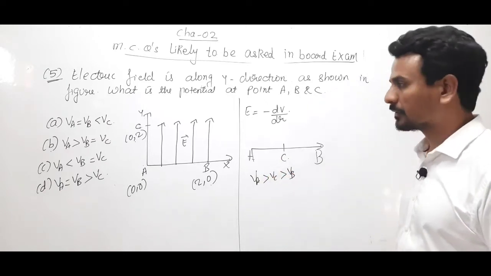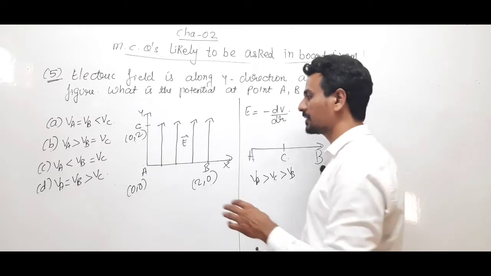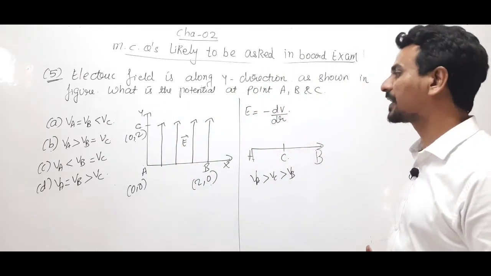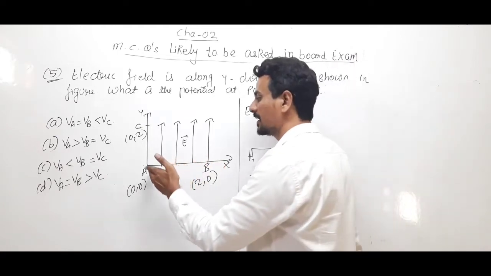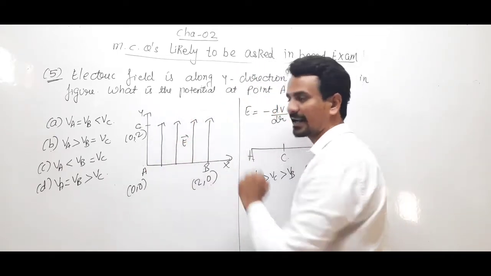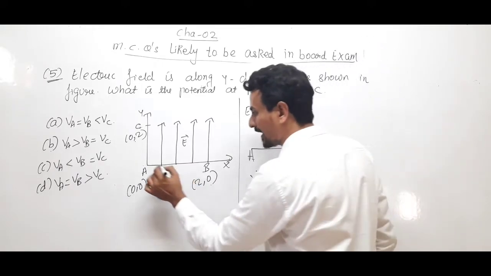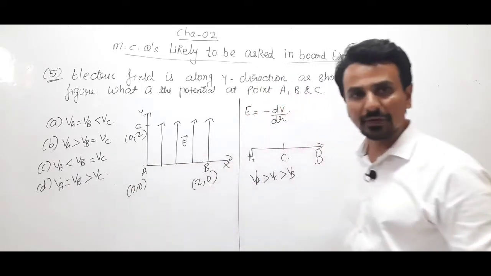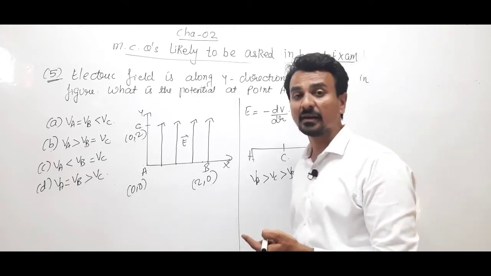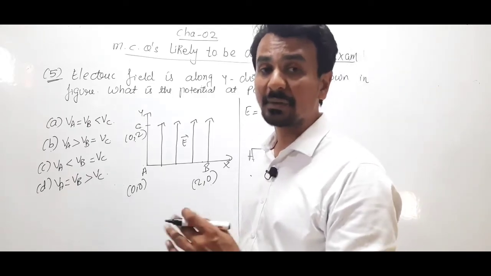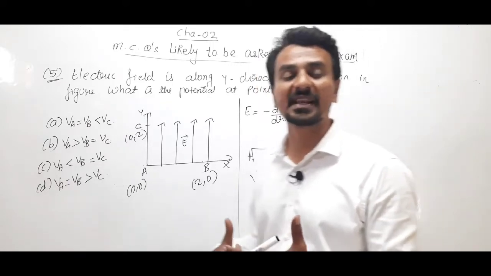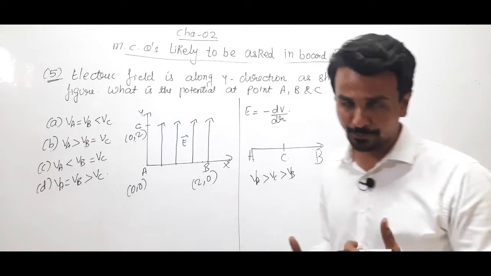Got it? So in our question, electric field is along y direction. We have been told to give the relation between the potentials at points A, B and C. See, electric field is along y direction. So these 2 points A and B will act as an equipotential surface, because in the previous MCQ we have seen that electric field will be perpendicular to equipotential surface, or from equipotential surface electric field will always be normal, perpendicular.